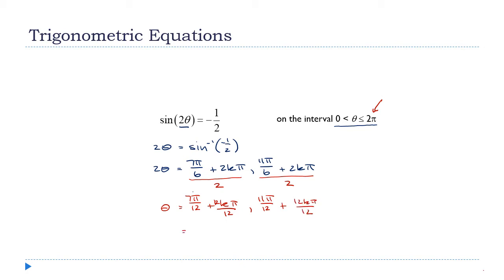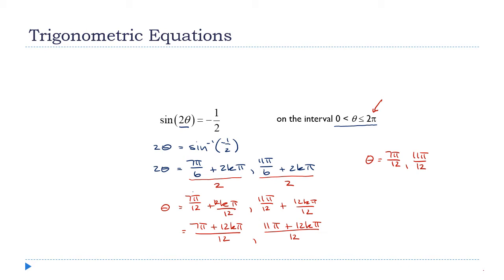So this becomes 7 pi plus 12k pi over 12, and 11 pi plus 12k pi over 12. Now, put numbers in there for k. If I let k be 0, theta is the original 7 pi over 12 and 11 pi over 12.